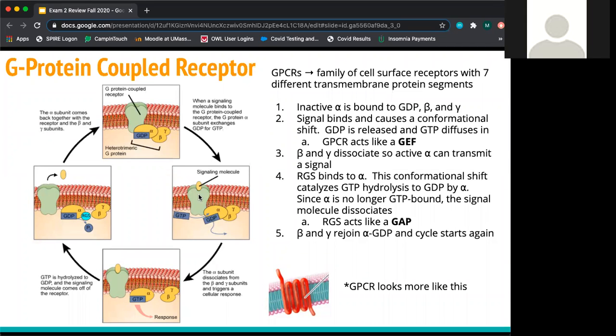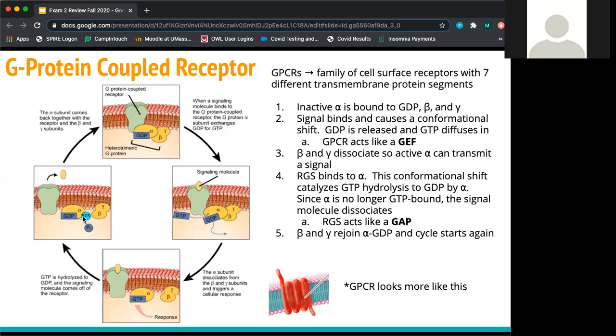Once alpha is GTP bound, this causes beta and gamma to dissociate from it so that active alpha can transmit the signal. After that, you have a molecule RGS that is going to bind to alpha. This is another conformational shift, and it catalyzes GTP hydrolysis by alpha.